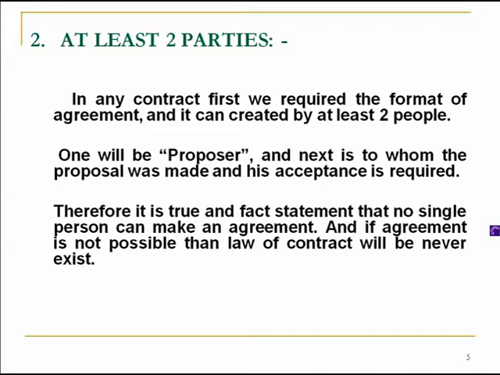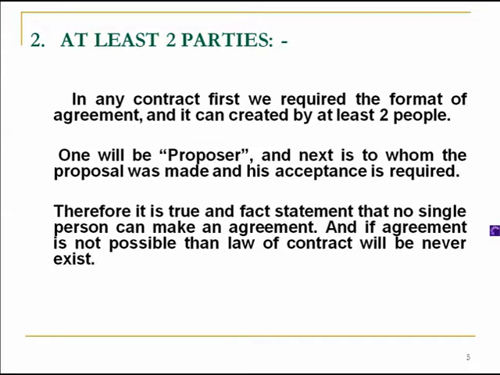In any contract, first we require the format of an agreement, and it is always created by at least two parties. It is possible to have more than two parties, but minimum you require two. One will be the party known as proposer, because he will give a proposal to the other party, and the other party to whom the proposal was made will be known as the offeree.